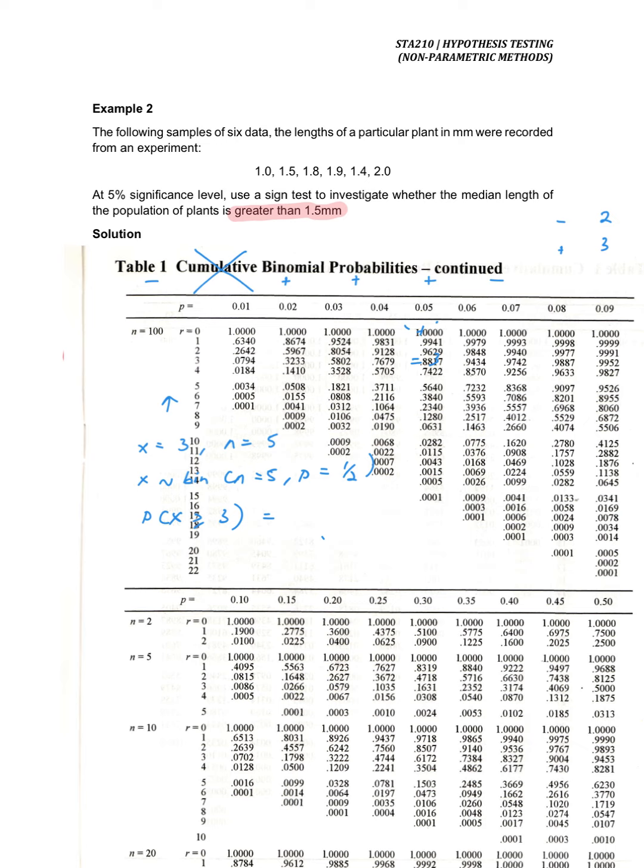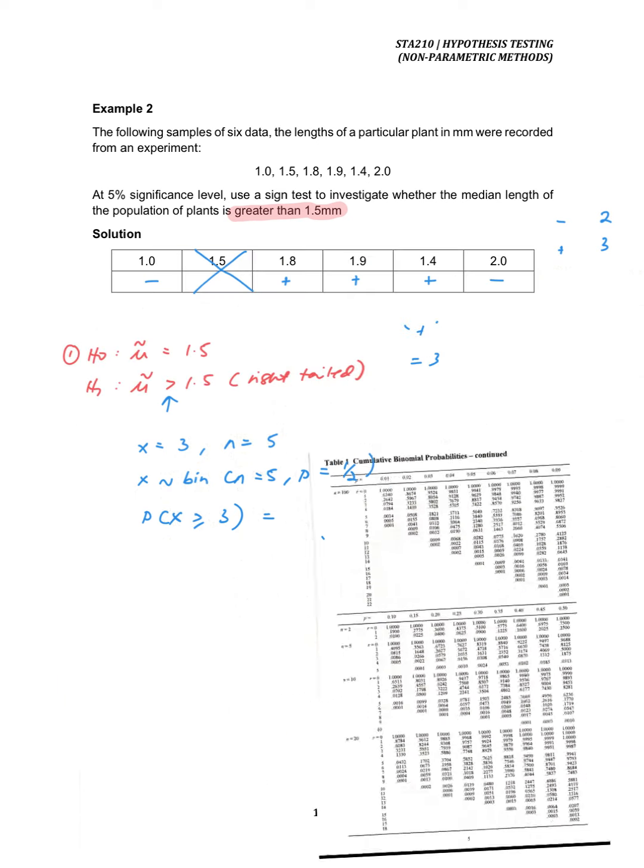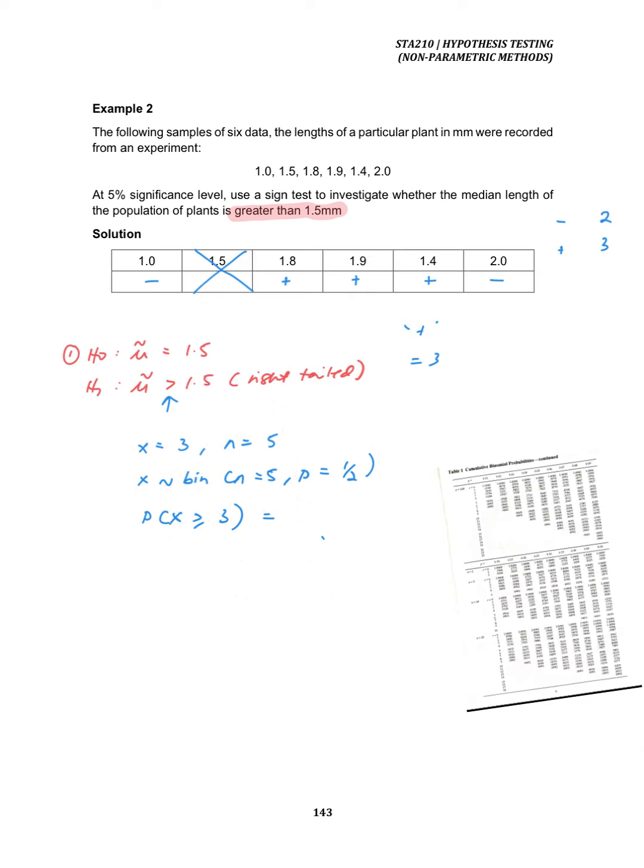Okay, N equals to 5, and at P equals to 0.5. Okay, now we want to find probability of X greater or equals to 3. So awak cari R kat sini 3. So maksudnya value dia adalah 0.5. Okay, so probability of X greater or equals to 3 is equivalent to 0.5. Okay, so kita dah dapat value dia.